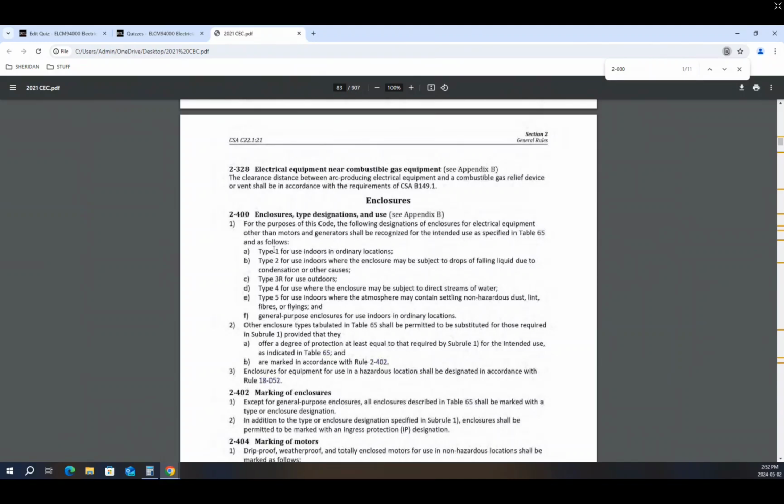For use indoors, I would say Type 1. There is an Appendix B in Table 65 if we wanted to check that.